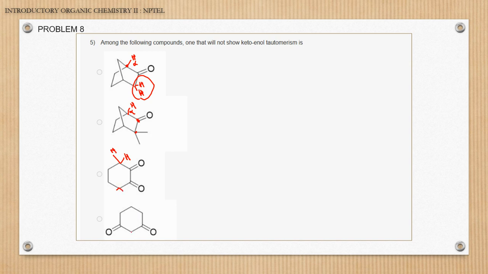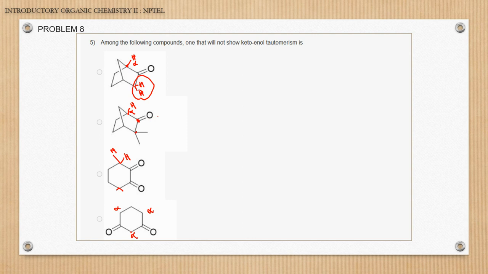Similarly, this is the alpha position, this is the alpha position. So you are saying that option B is the correct option, whereas you have this alpha proton present at this carbon. So it can also show keto-enol tautomerism.